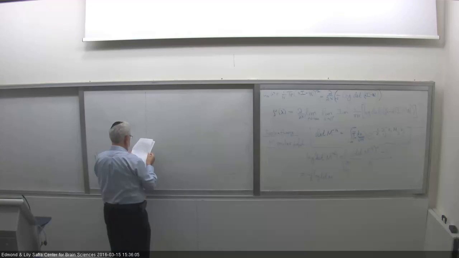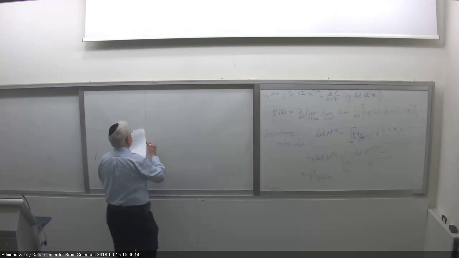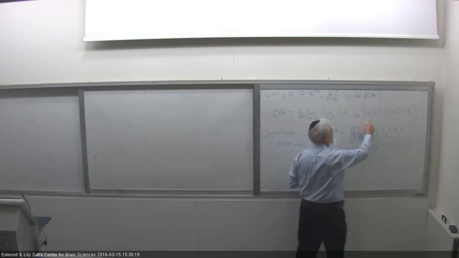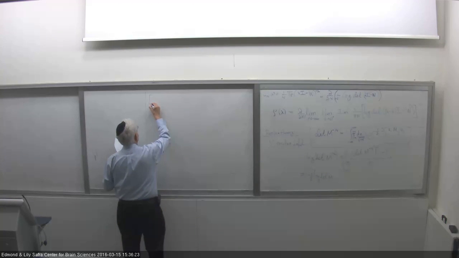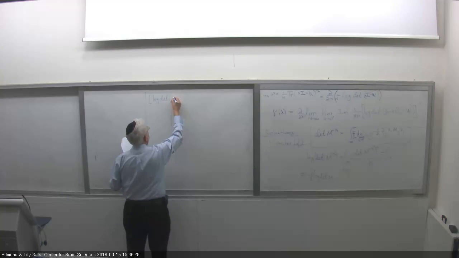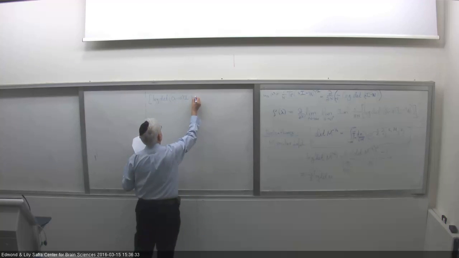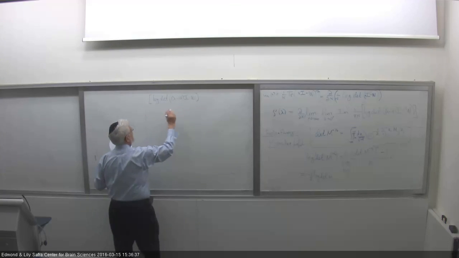The upshot of all this is that I can write down what we need. We need the average of the log of the determinant of our matrix lambda minus I epsilon I minus W. We're going to use this to average over this.